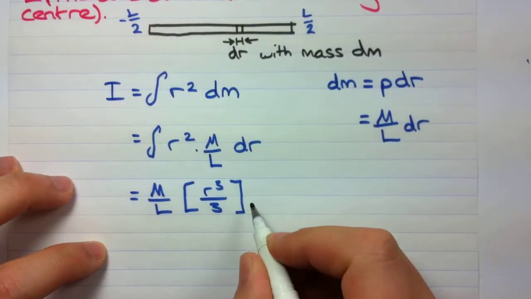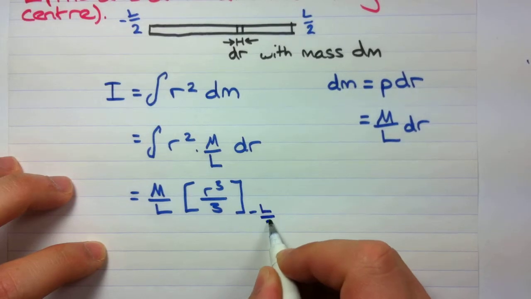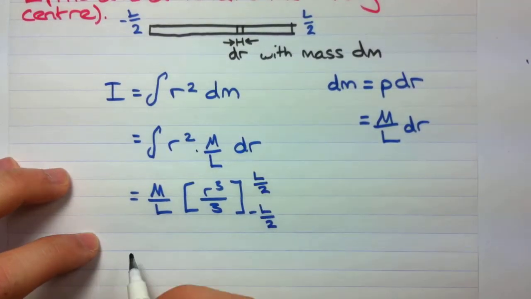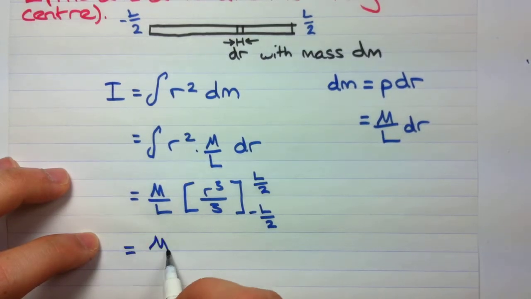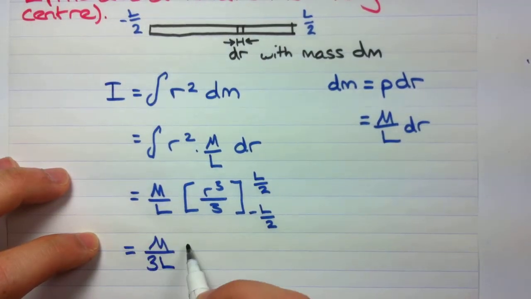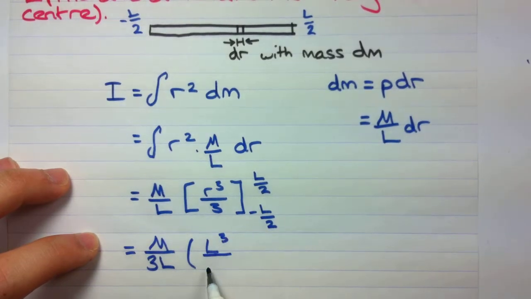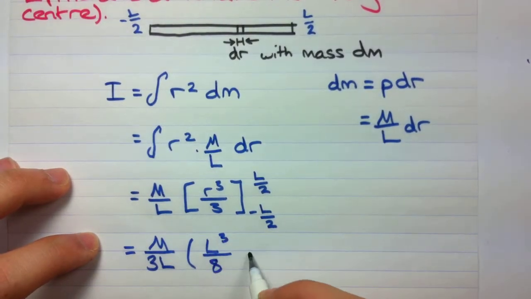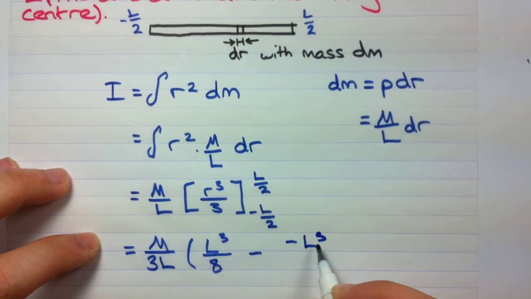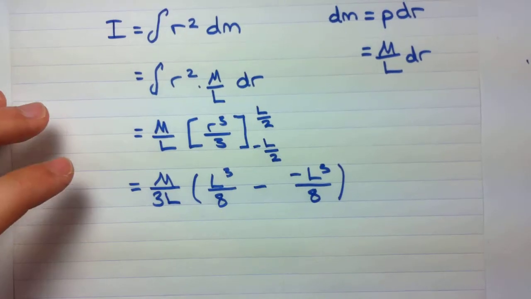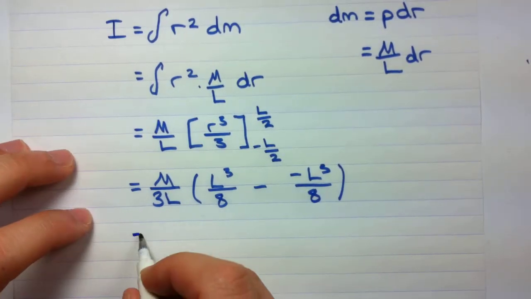So we're integrating from minus l over 2 to l over 2. We end up with m over 3l times l cubed over 8 minus minus l cubed over 8. Just do some fraction work and you'll end up with that.